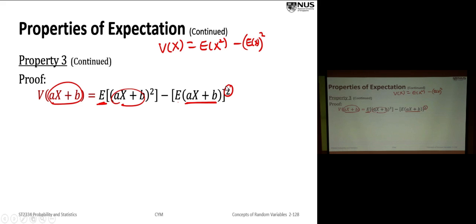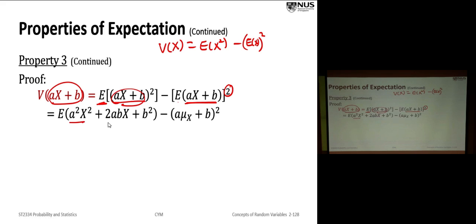So look at this. What I'm going to do is expand it. This one, expanded, is a squared x squared plus 2abx plus b squared. I expand it before taking the expectation, while for this one, I take the expectation. So the expectation of ax plus b becomes a times the expectation of x plus b. All right?